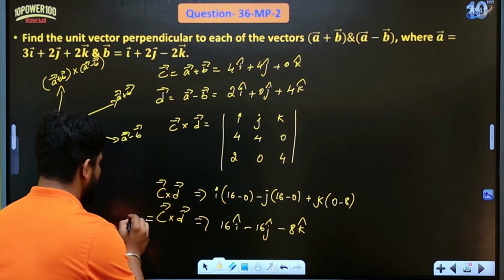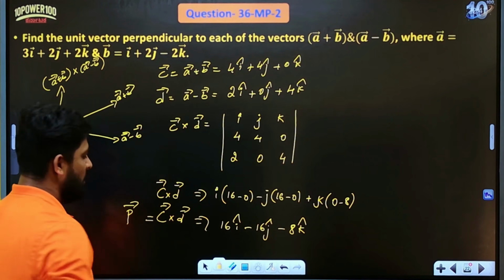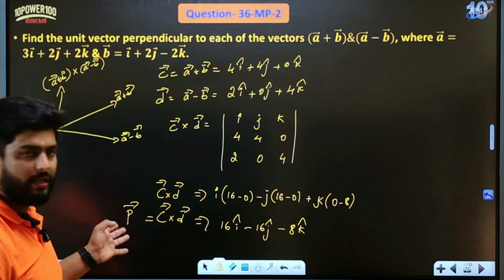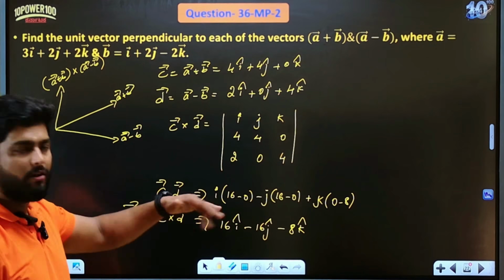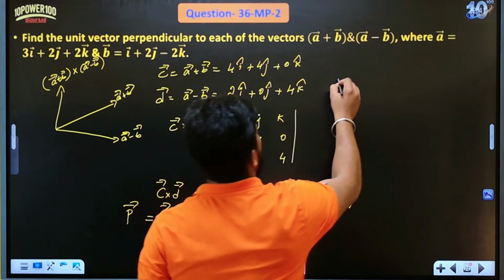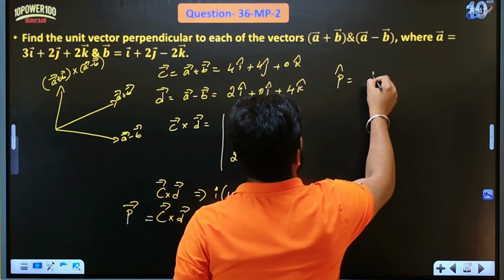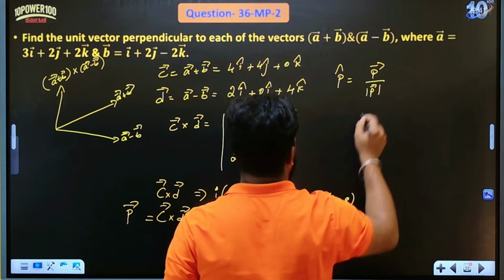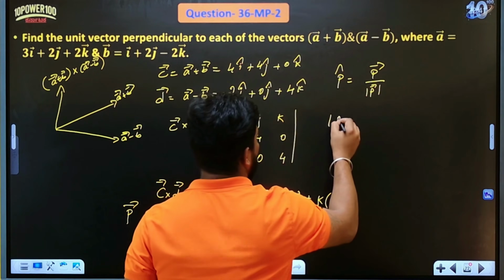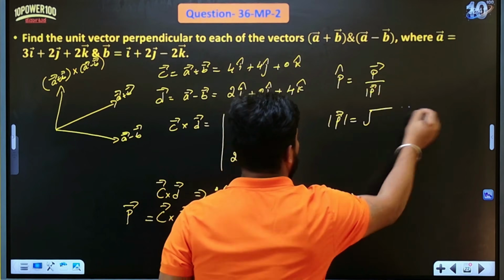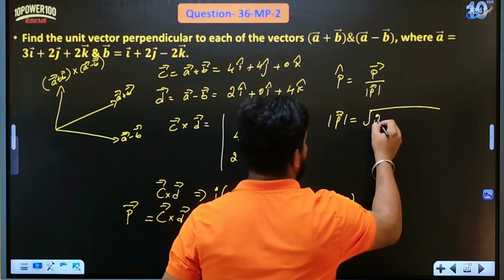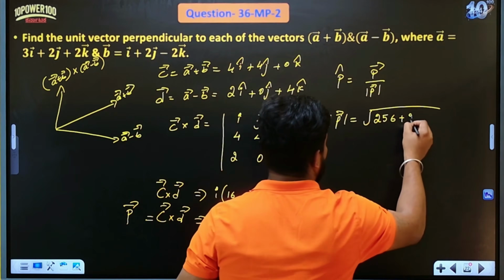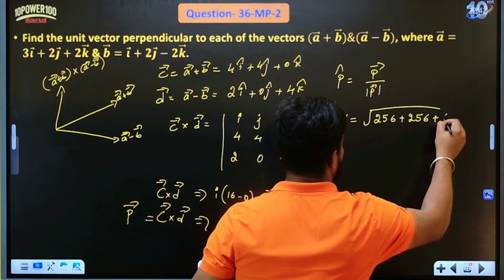Now consider this as one more vector, P vector. Now for this we have to find the P cap. So for this we have to find the unit vector. So P cap is equal to vector P divided by magnitude of vector P. Okay, so let's find the magnitude of vector P. So magnitude of vector P is equal to root of 16 square, so it is 256 plus 256 plus 64.